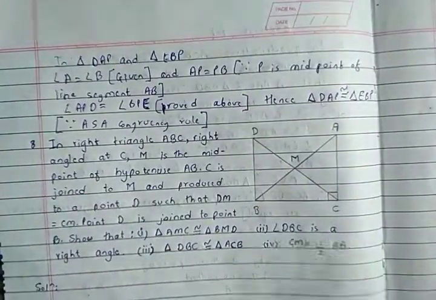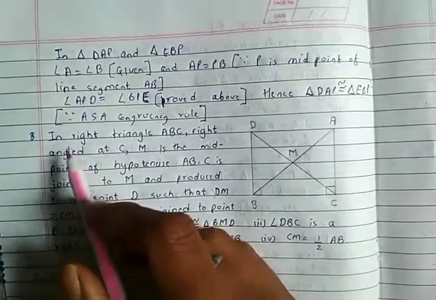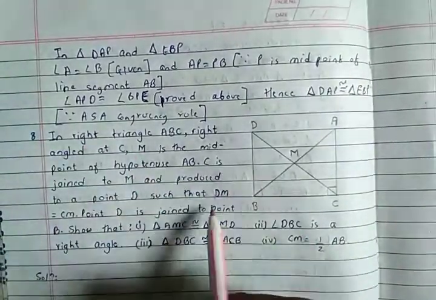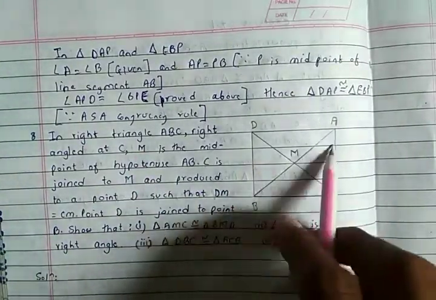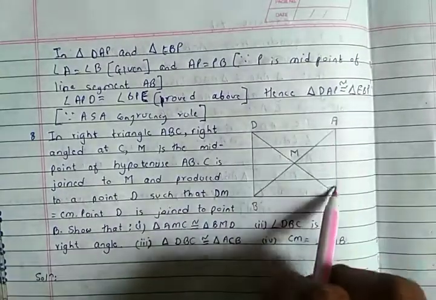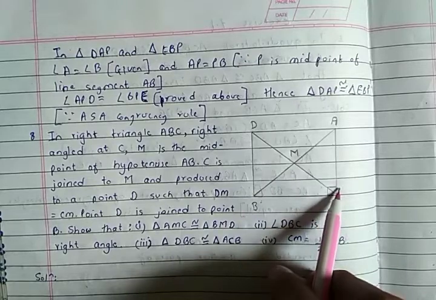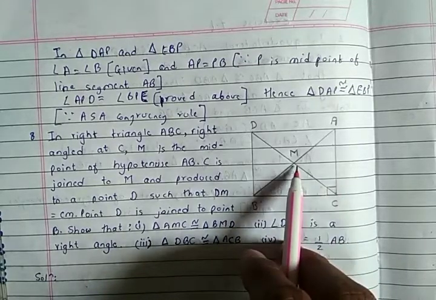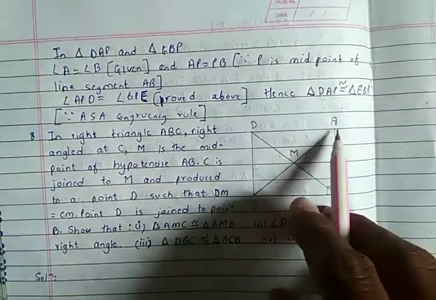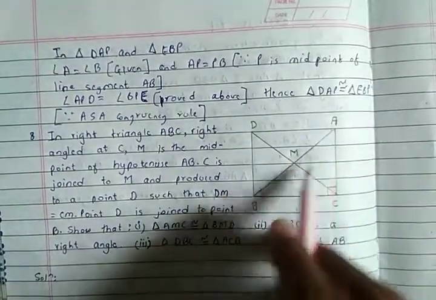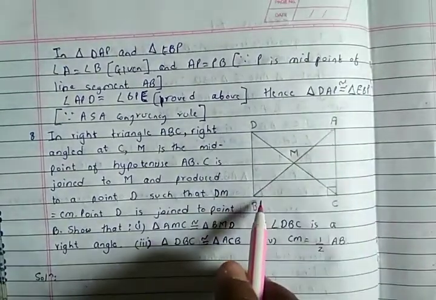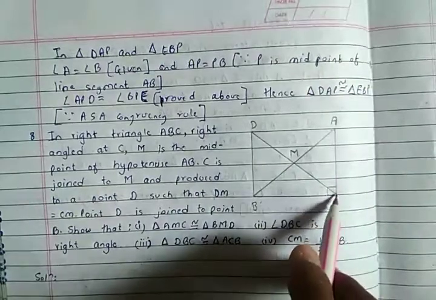Okay. Now let's solve question number 8. In triangle ABC, it is a right triangle at C. At point C, the angle is 90 degrees. And M is midpoint of hypotenuse AB. Right? AB is the hypotenuse of triangle ABC.